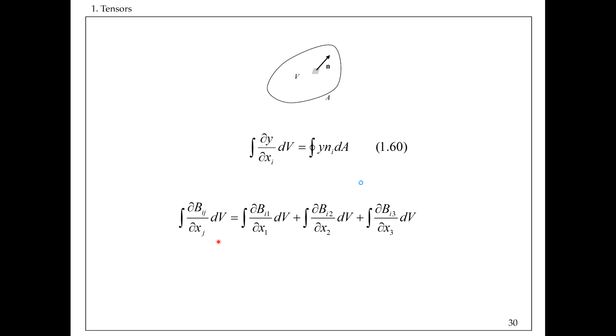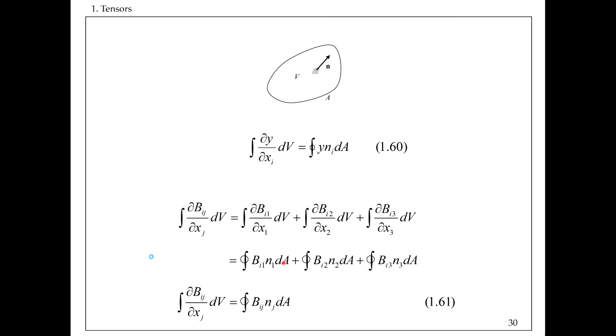And more explicitly, we can write the analogous formula for the components of the second order tensor in the following way, right? By using the same structure for the right hand side. Instead of the scalar, we have the combination, the multiplication of B_ij and n_j.